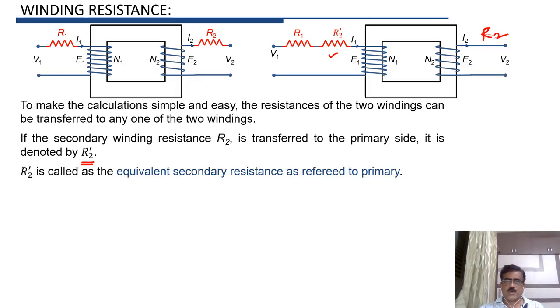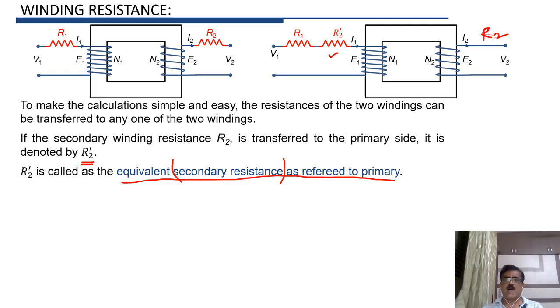So, R2 dash is called as equivalent secondary resistance as referred to primary. Means actually it is secondary resistance, but now transferred to primary side.